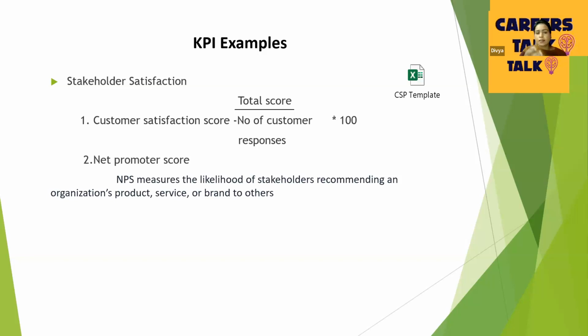So your total score would be 100 over here, divided by the number of customer responses, which is 10, and into 100. When you calculate that, you will get a satisfaction score, and see whether it is above or below the industry benchmark, and take the necessary steps.